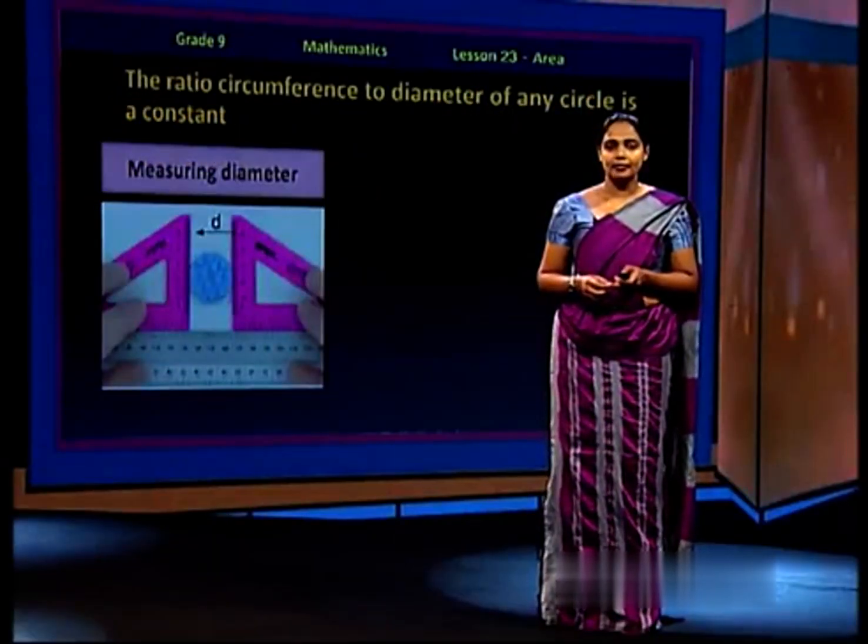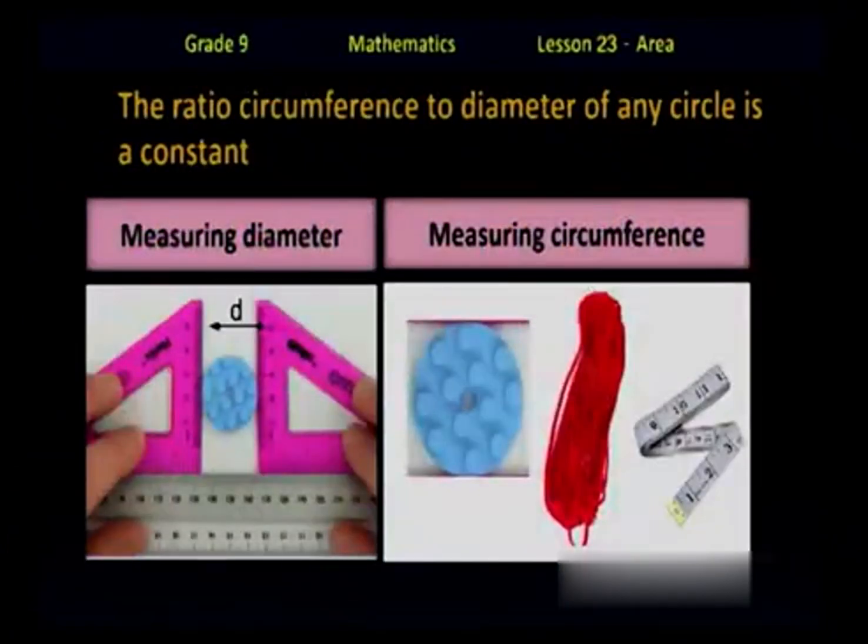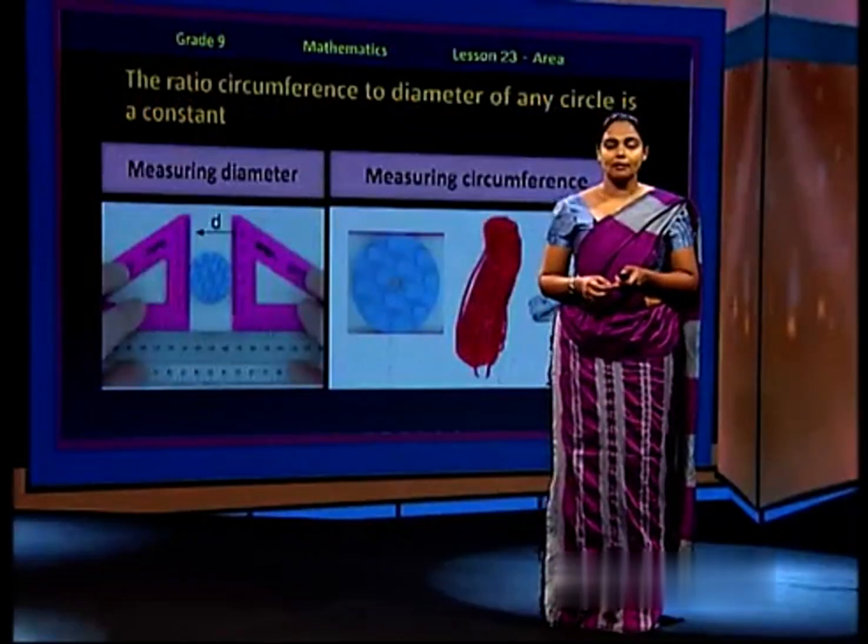Then you have diameter. And how can you get the circumference? It is not easy to measure using a ruler. But you can use a cord and also you can use a measuring tape. Then go around the circular object and get the measurement. Then you can know circumference.